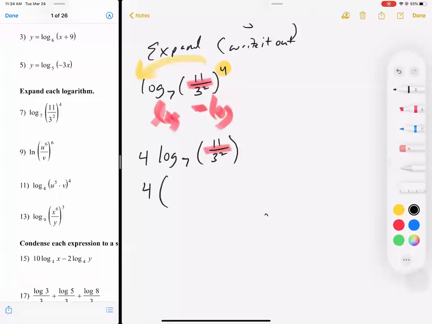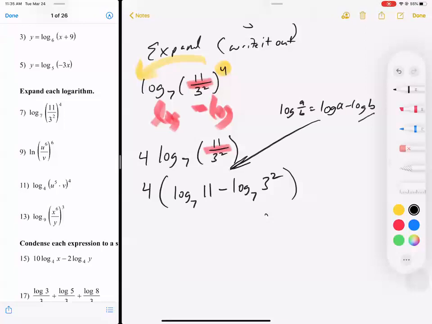We need parentheses because we're separating the log base 7 of 11 minus log base 7 of 3 squared. The rule was log of a over b is equal to log a minus log b. So that's what we did here. We just said that's a and that's our b.